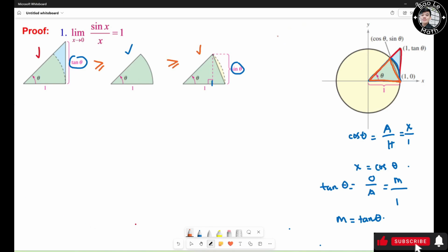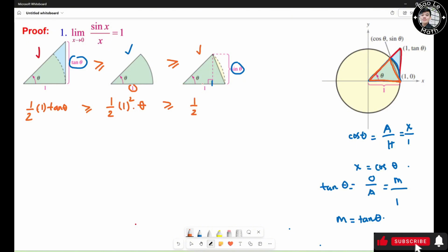Now you know that the area of a triangle is 1/2 base times height. So I have 1/2 times base, which is 1, times height, which is tangent theta, greater than or equal to the area of the sector, which is 1/2 the radius squared, which is 1 squared, the radius is 1 right here, times the angle theta, which is theta. And then that is greater than or equal to the area of this triangle, which is 1/2 times base times height.